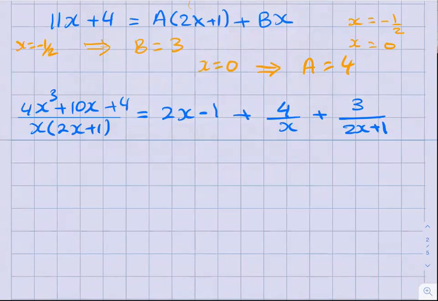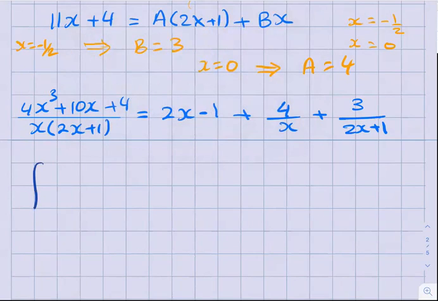So therefore, now the integration of all this is going to be, so the integration of this with dx, I'll write it down again, actually.